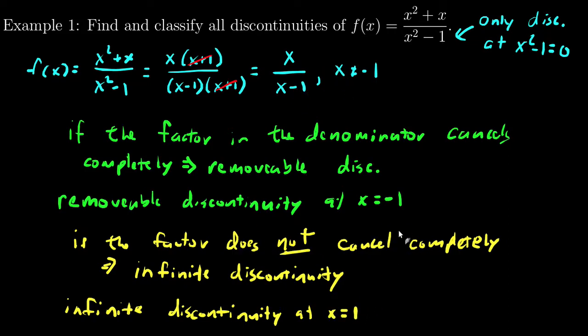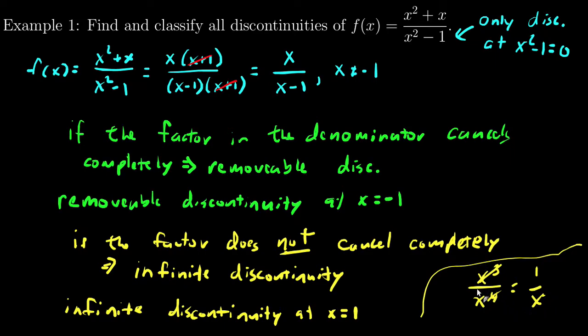And notice how I say cancel completely. If I had something like x cubed over x to the 4th, a bunch of these cancel, but I'm still left with one. That would still leave me with an infinite discontinuity at 0, even though a bunch of them do cancel.